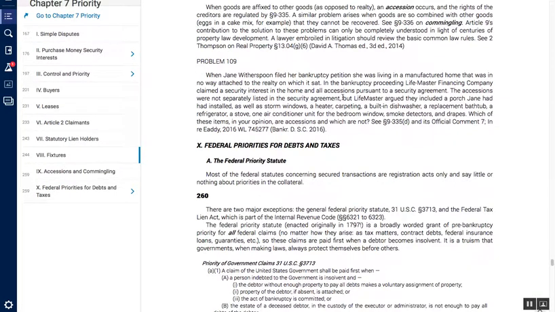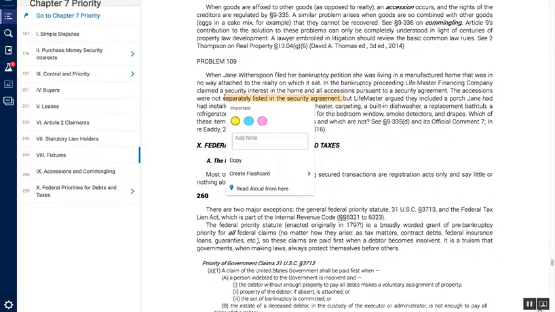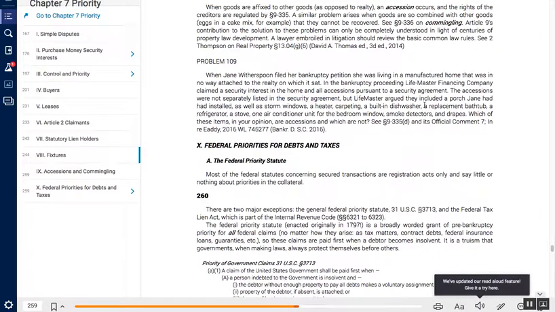The accessions were not separately listed in the security agreement, but LifeMaster argued that they included a porch that Jane had installed, as well as storm windows, a heater, carpeting, built-in dishwasher, a replacement bathtub, refrigerator, stove, one air conditioner unit for the bedroom window, smoke detectors, and drapes.